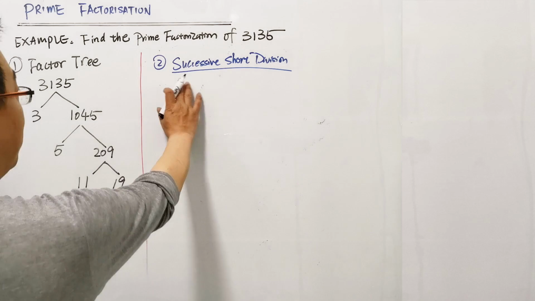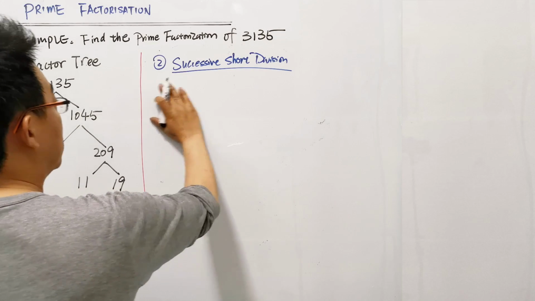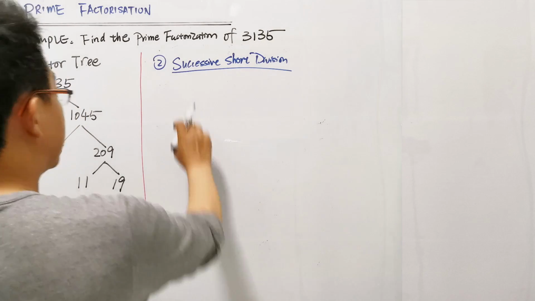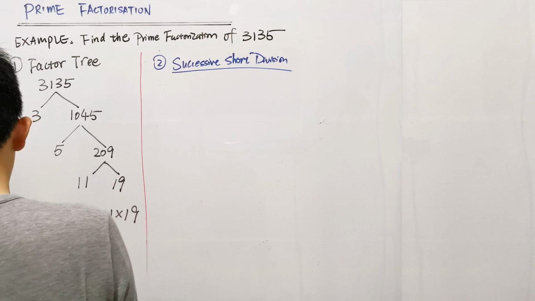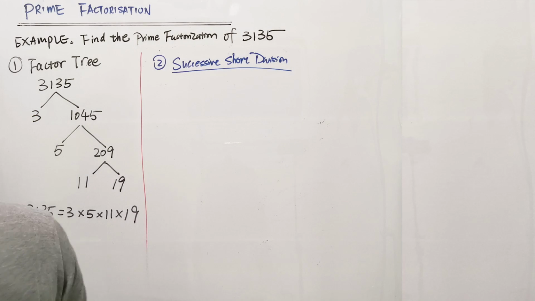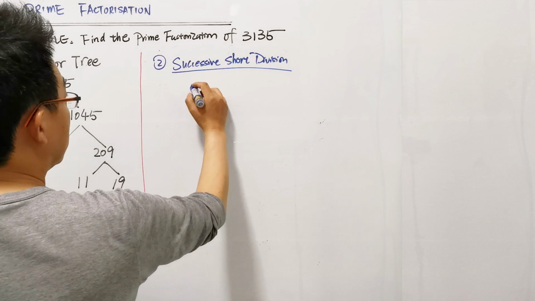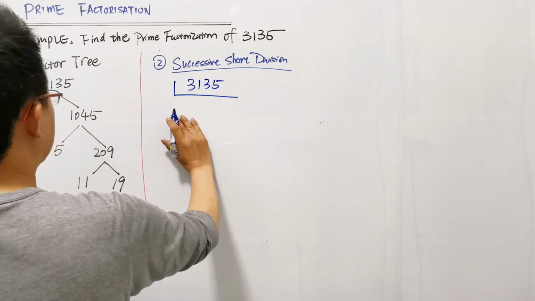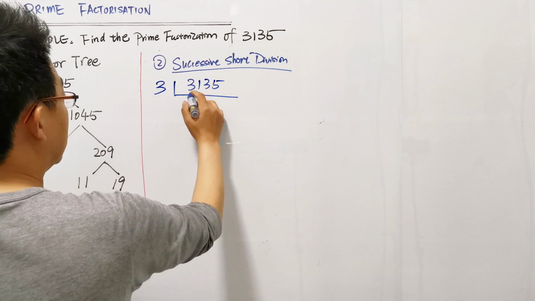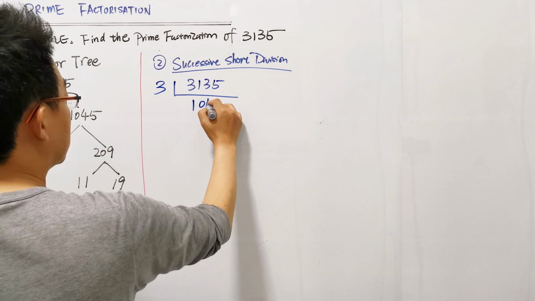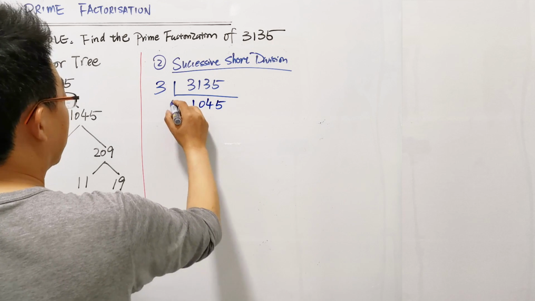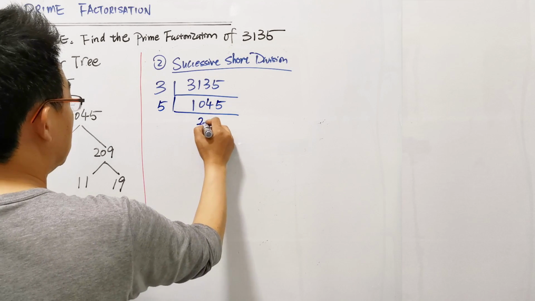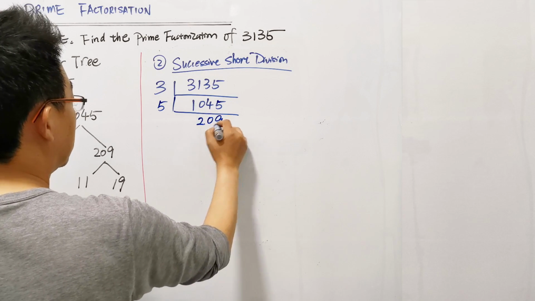Okay, can we use another method, another solution? Successive short divisions. Okay, let's look at this one. So we have 3135. Okay, let's first try 3, right? 1, here's a 0, here's a 4, and 5, right? Okay, let's look at the next one. Next one, 5, right? Here's 2, here's 0, here's 9.